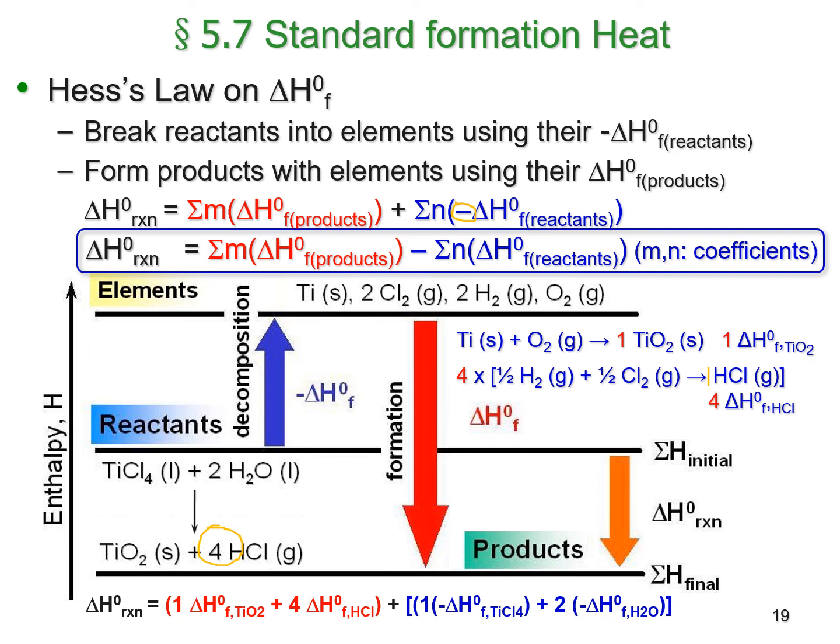Delta means final minus initial. So we do not have to worry about whether I should change the sign of a delta H0F anymore, because all I have to do is add up delta H0F for each product. I'm going to add up delta H0F for each reactant, and I do the subtraction. Product minus the reactant. So I do not have to worry about which one should take a negative sign in front of it. So that makes it a lot simpler.